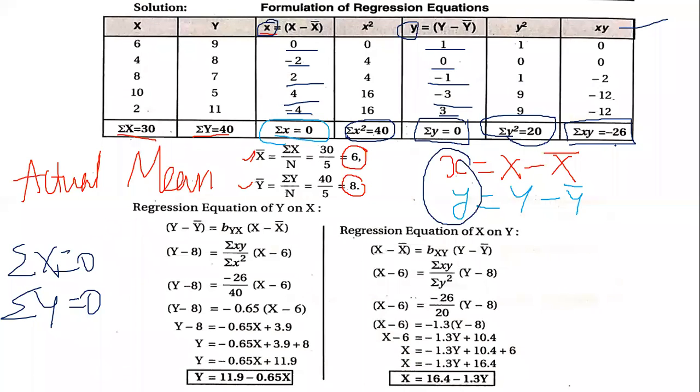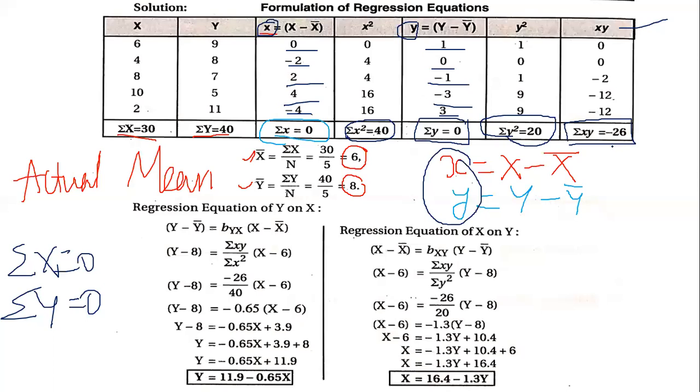So this will be the tabular calculation where we are finding the total of x, the total of y. So that will be used for the actual mean. Then find the deviations. Once you find the deviations from x, the total of that will be 0 and the total of deviations from y also will be equal to 0.